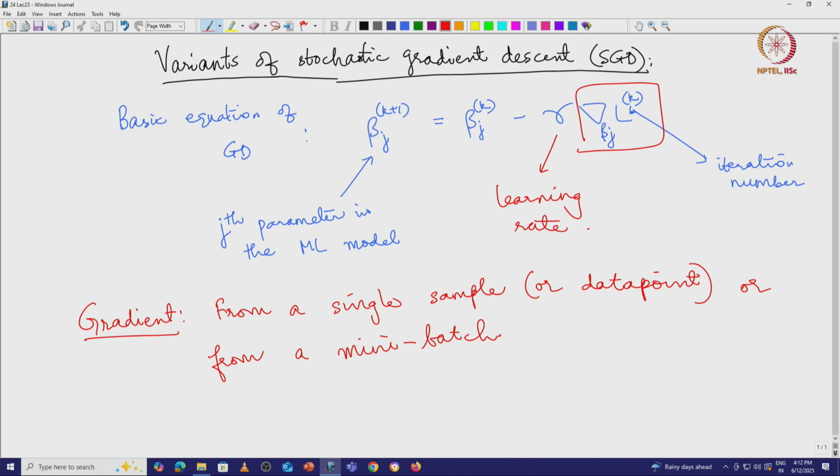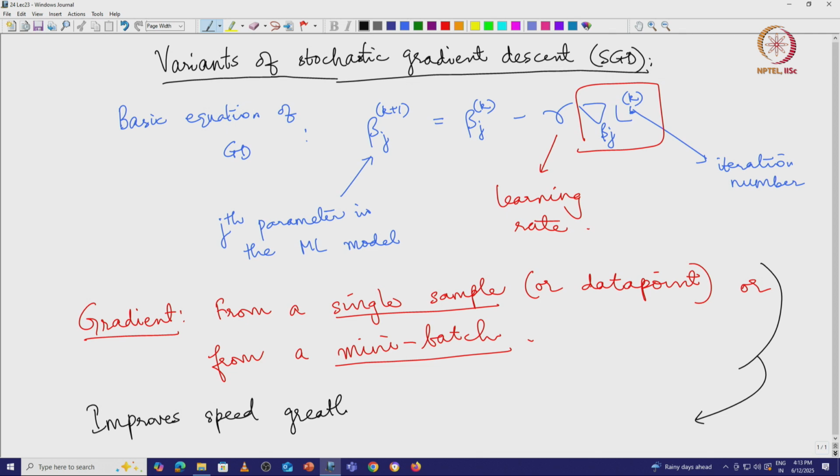So this is the basic form of the stochastic gradient descent, where the gradient comes from a single sample or from a mini batch. The problem with this is that it is very noisy. This improves the speed greatly, because you have to work only with the loss function from one data point, but makes the training noisy.